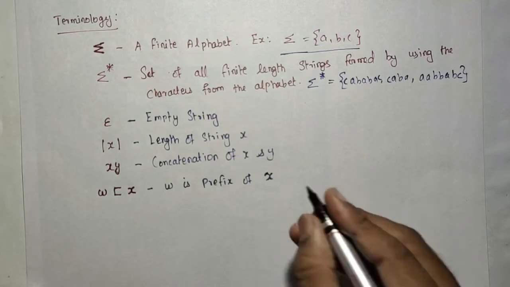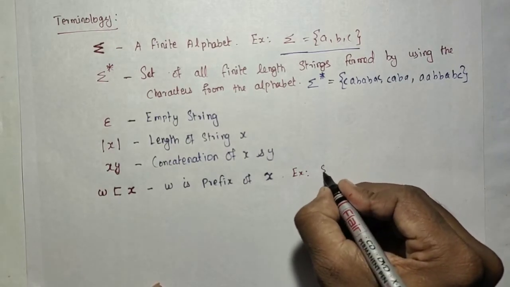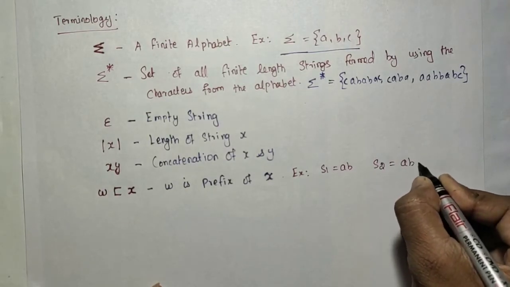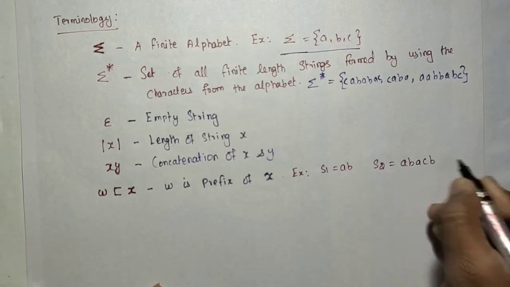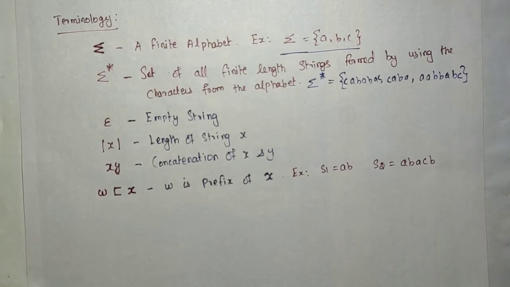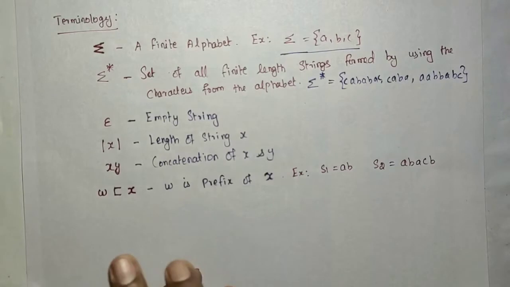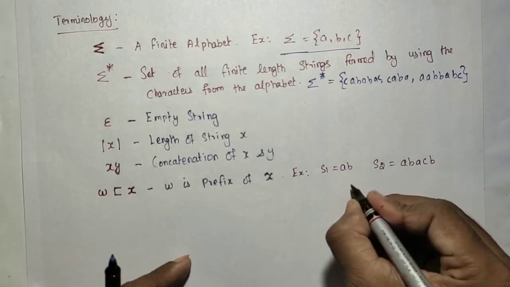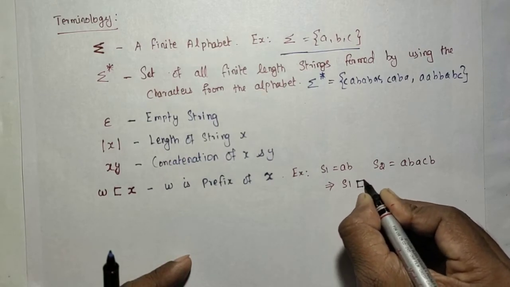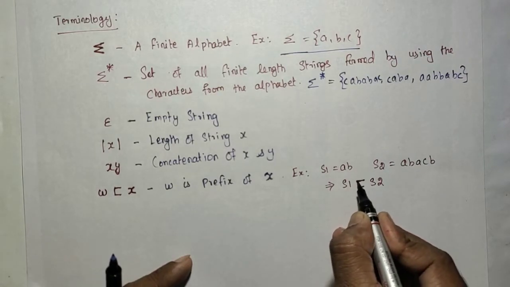For example, if s1 equals ab, and S2 equals A B A C B, now S2 starts with AB, so we can say that S1 is the prefix of S2. The start symbol represents this side.